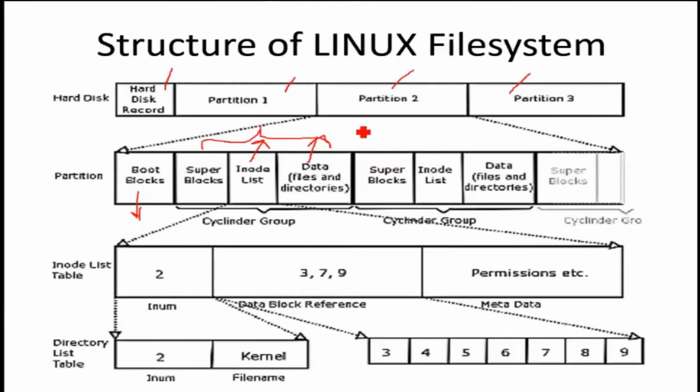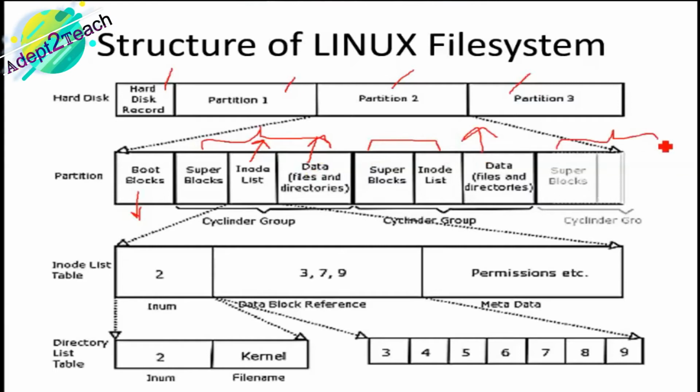So after every set of data blocks that is stored, this part, the super block and the inode list, is repeated. Again you have a set of data blocks, and again after the data blocks this set is repeated. So the system does not have to go back and refer. It can divide the chunks and the accessing becomes faster.